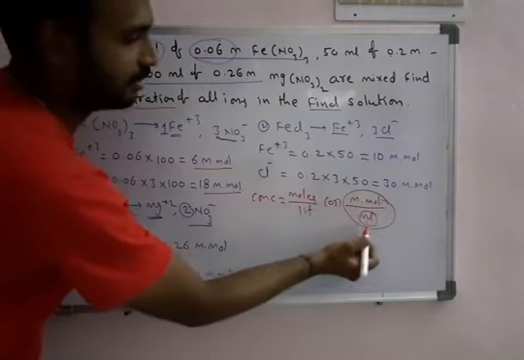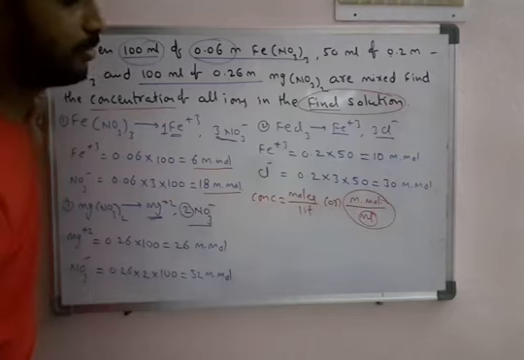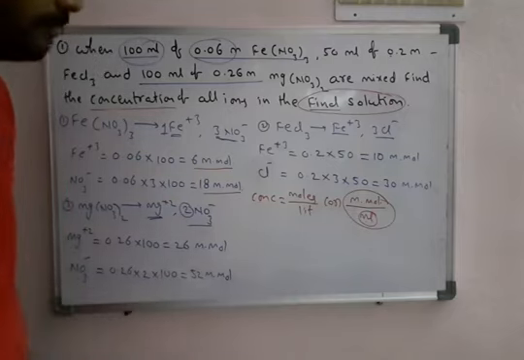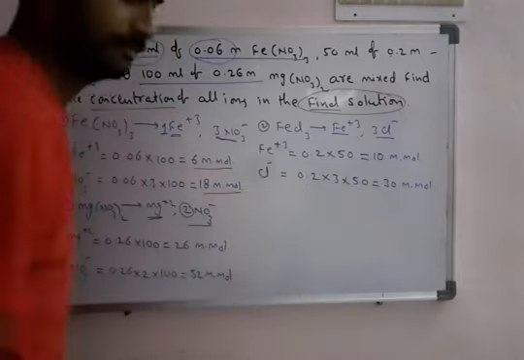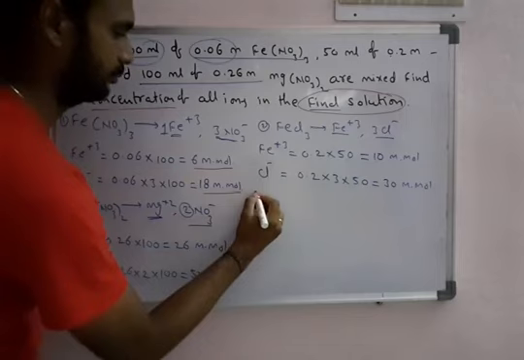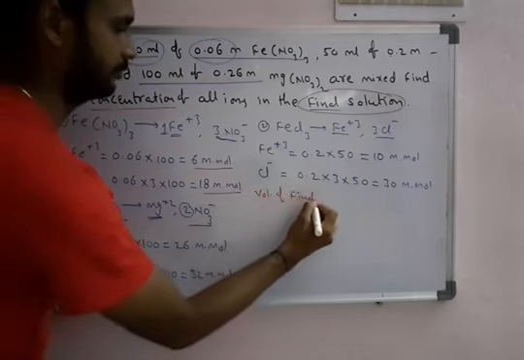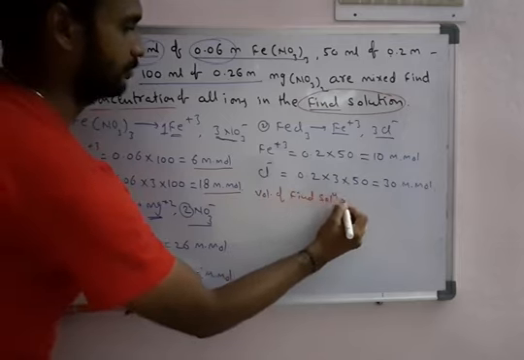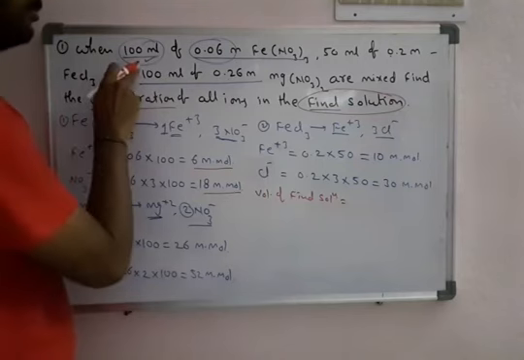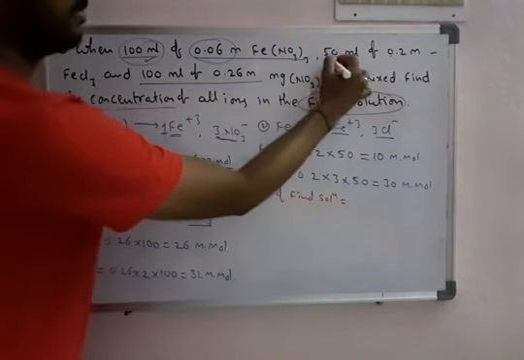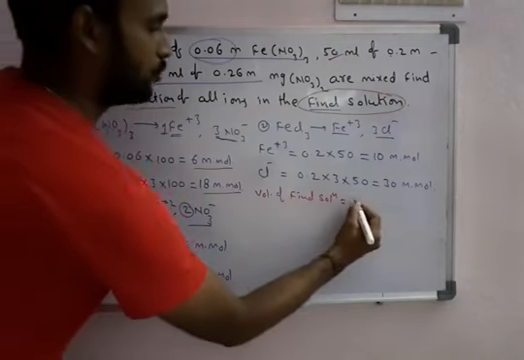Here we need to calculate in the final solution. The volume of the final solution: 100 milliliter, 50 milliliter, so 150, plus 100, total 250 milliliter.